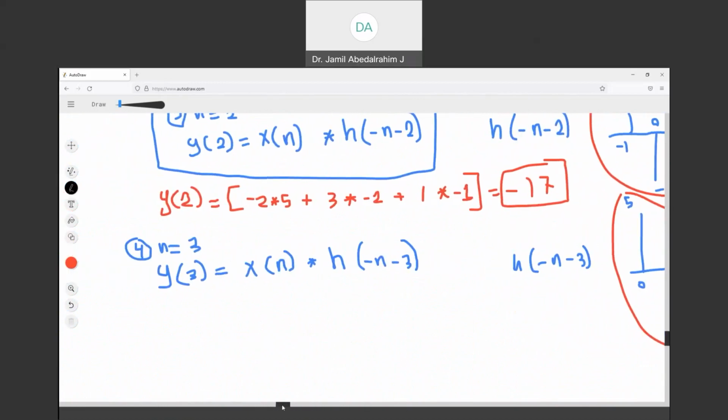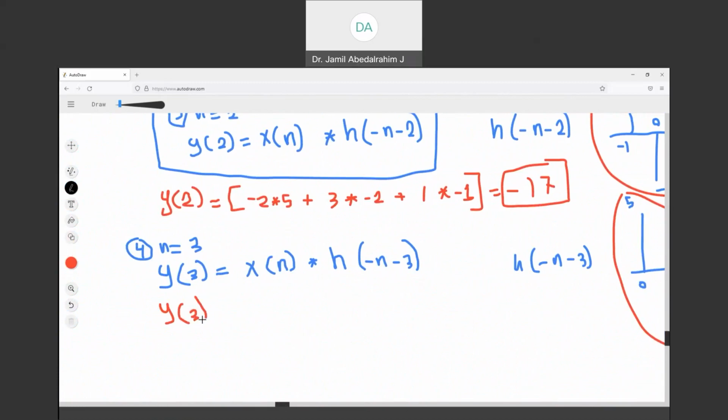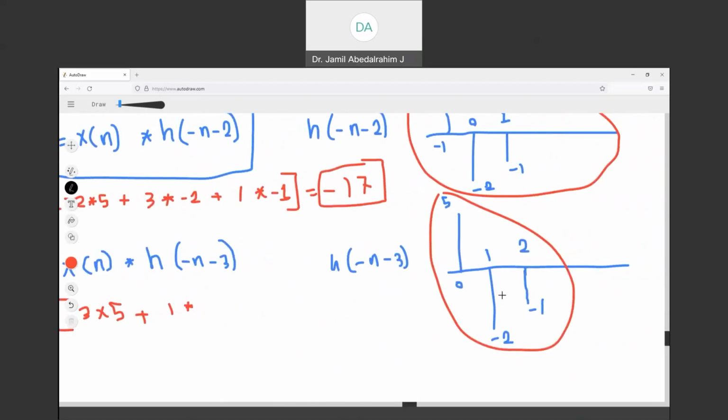Okay, so here y of 3 equals 3 multiply by 5 plus 1 multiply by minus 2.